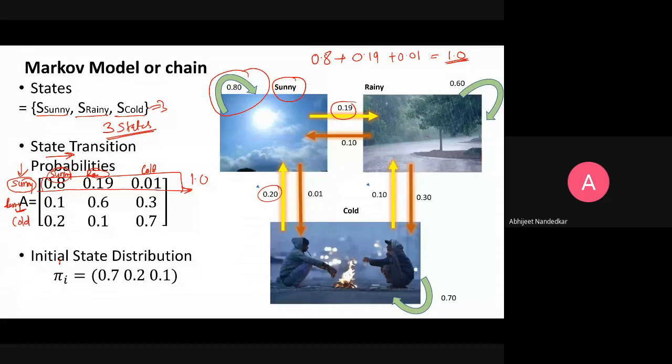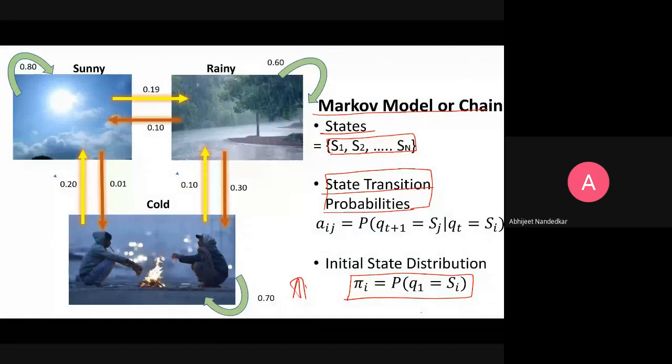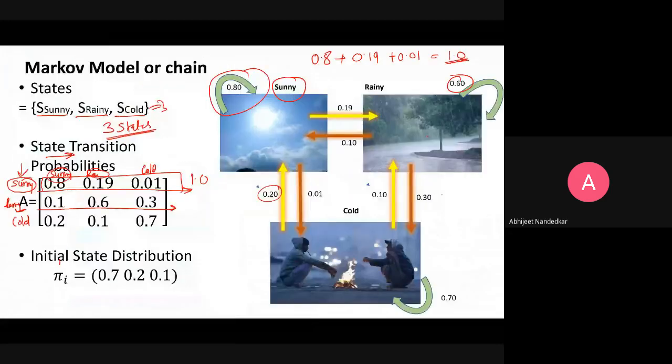You will see that row number 2 stands for rainy. So you can check here, this is 0.6 plus 0.3 plus 0.3, that is 0.9, and then this is 0.1. So from rainy to the other state transitions, if you sum the probabilities, it should come to 1.